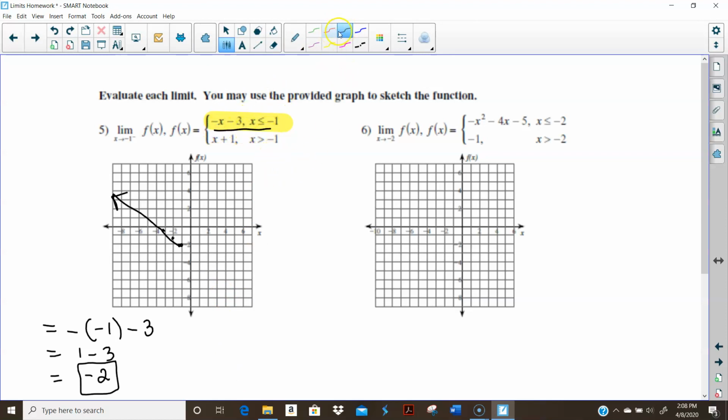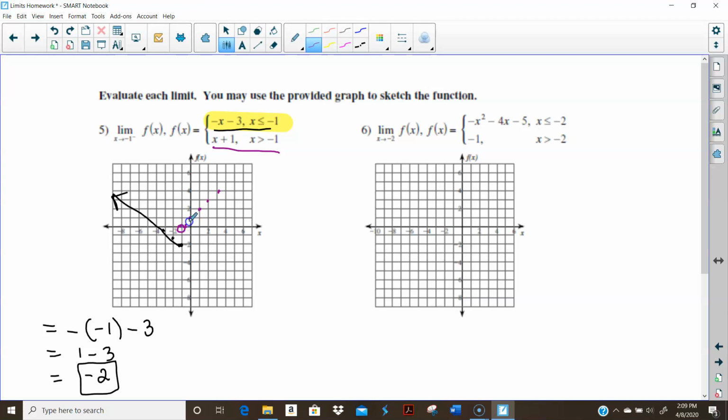Now we're going to graph the second piece. I'll graph it in purple. So I would start at +1, and then the slope is 1 over 1. So up 1, right 1, up 1, right 1, up 1, right 1, down 1, left 1. Now, when I'm at -1, it says not included. So that's actually an open circle at -1.